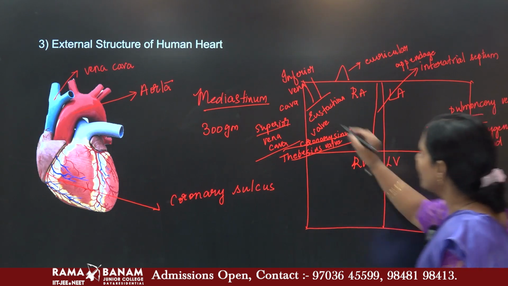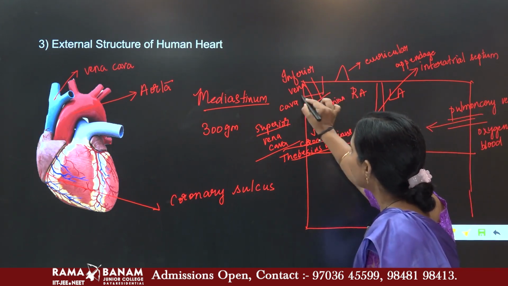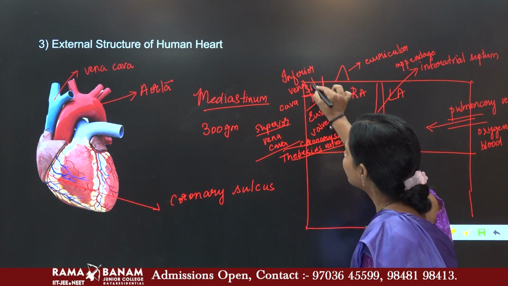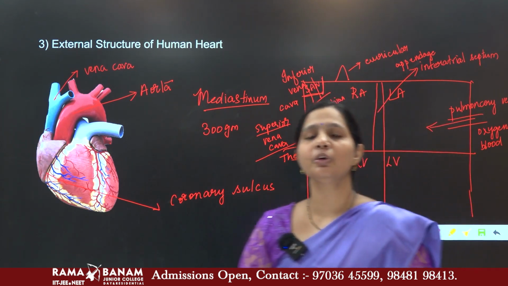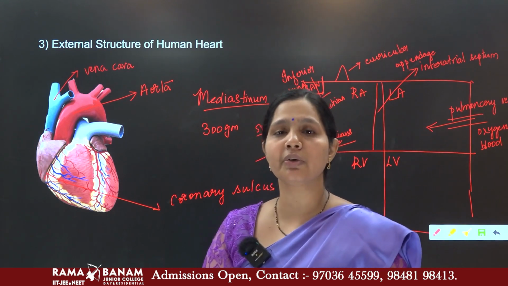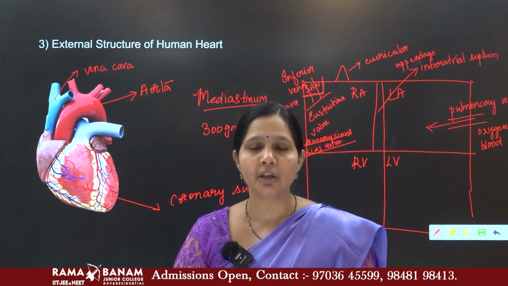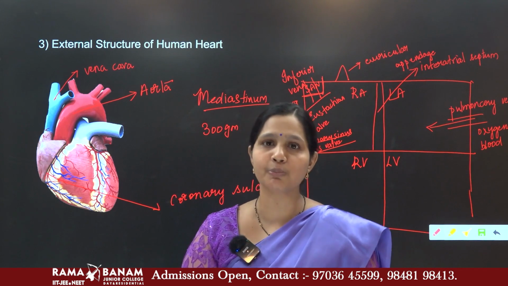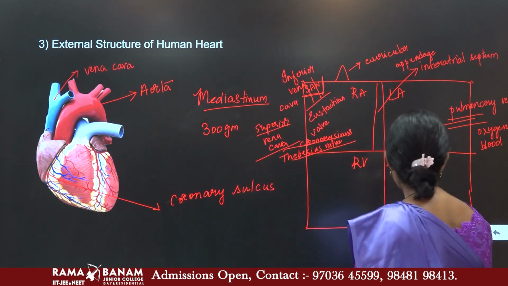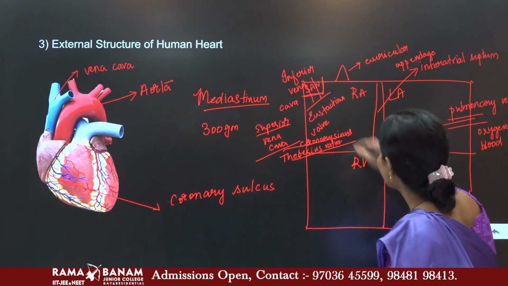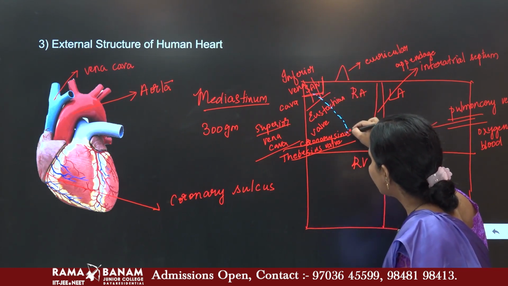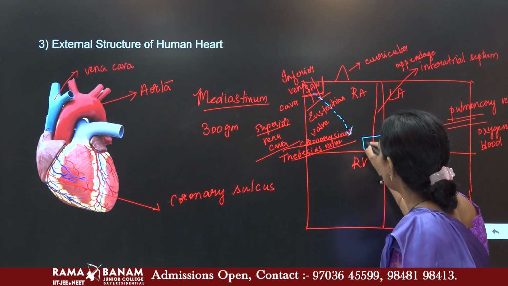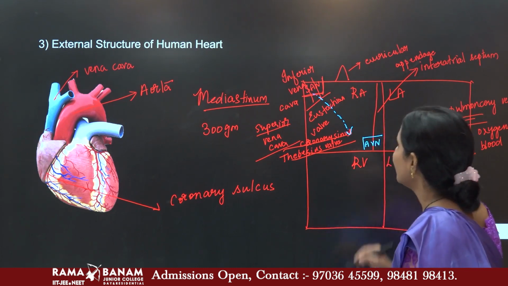And then in the right hand corner of the right atrium, you see a sinoatrial node, a special type of nodal tissue which has the capacity to generate an action potential. Therefore, it acts as a pacemaker, and whatever action potential is generated will be carried to the atrioventricular node, right?